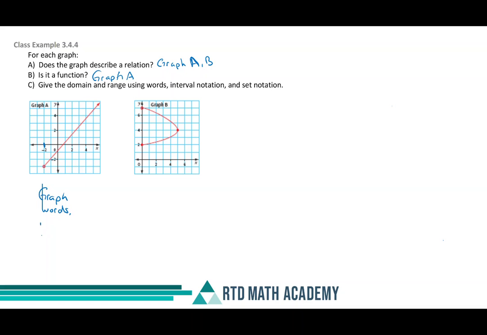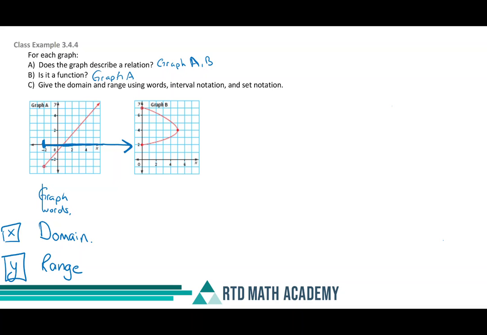Now don't forget, we're talking about domain first. And domain is all associated with the x values. We'll deal with range in a second. And range is going to deal with the y values. Again, alphabetical order to remind ourselves which one goes with which variable. So if I look along the x-axis here, if I was to extend out that x-axis all the way till who knows when, I can see that it has a stopping point at -2.